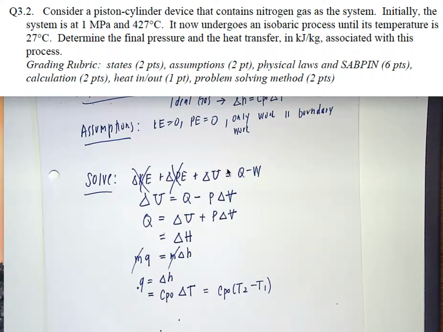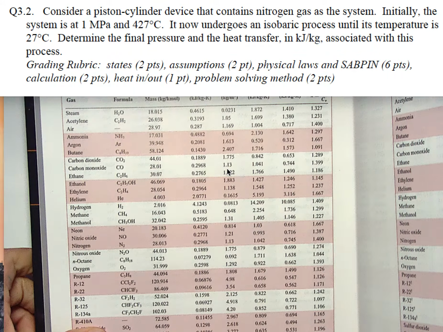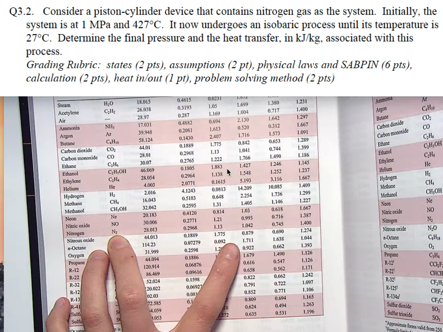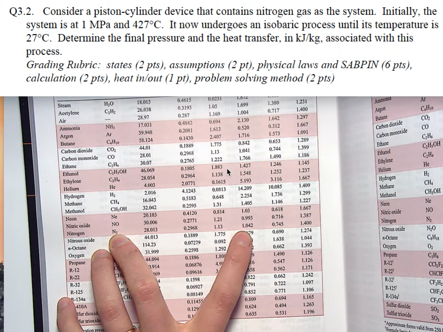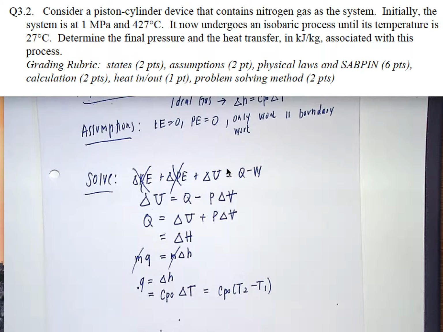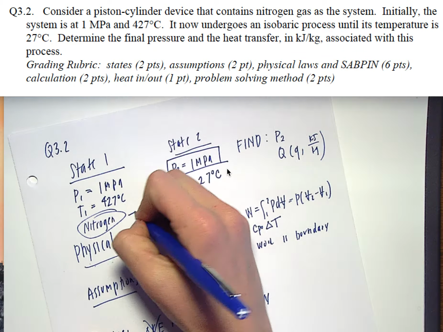So this is in table 5. I'm going to open up tables here. We're going to go to nitrogen, go over to the Cp value for nitrogen, which is 1.042. So I'm going to jot that down here. Cp0 equals 1.042. And the units on that are kilojoules per kilogram Kelvin.